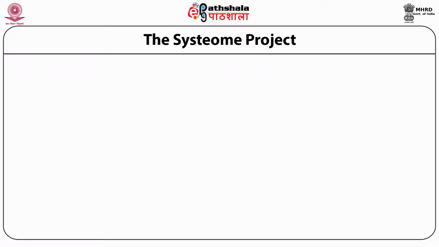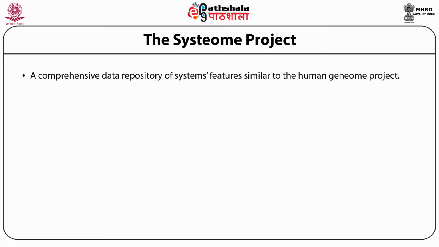The Systeome project. The Systeome project is an ambitious project which aims to have a comprehensive data repository of system features similar to that of a human genome project. So in human genome project we have the entire genome sequence. Similarly, this Systeome project aims to get the entire repository of system features in humans or any other organisms.